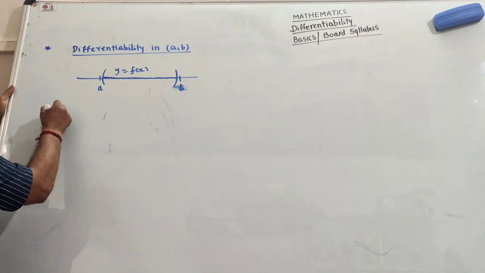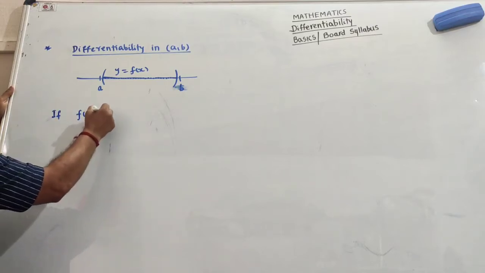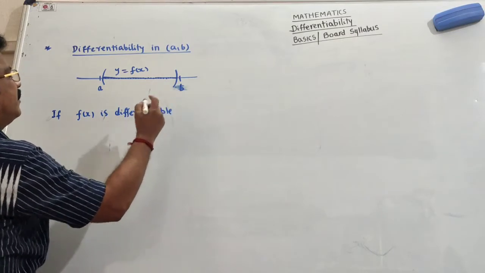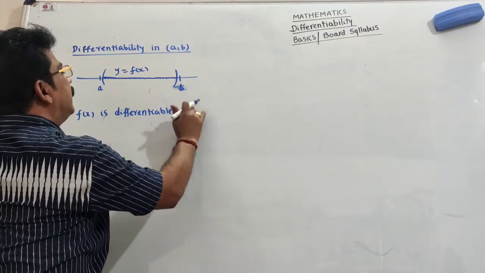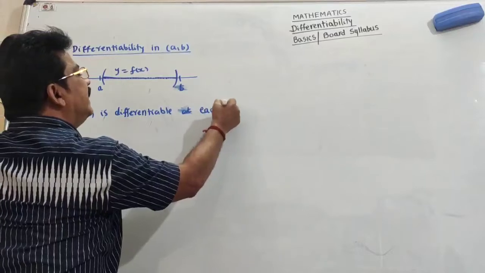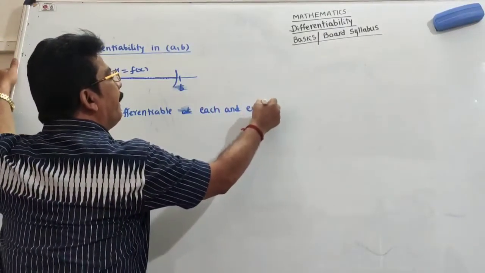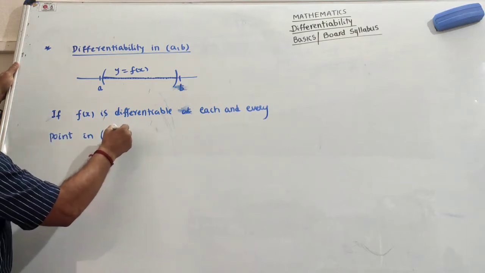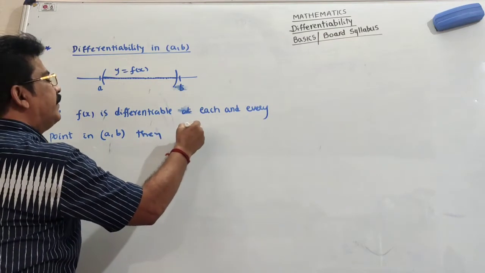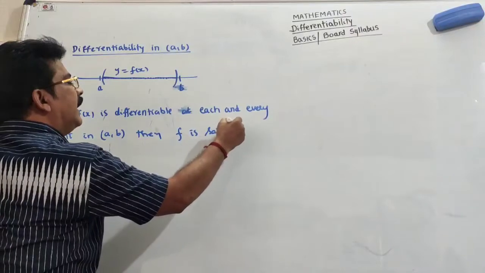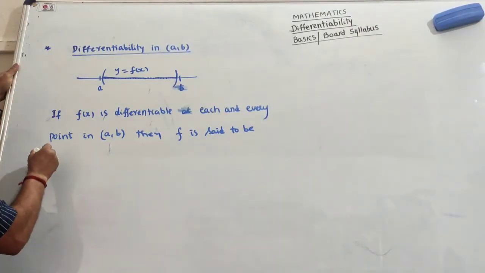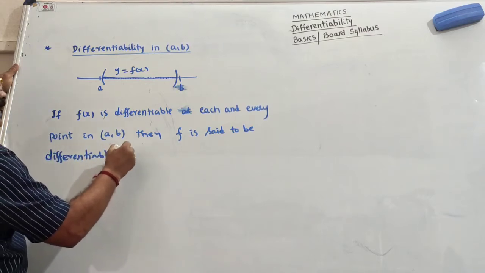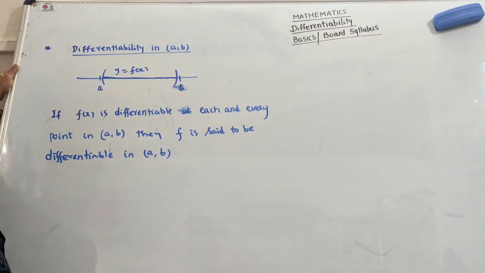Means, if f of x is differentiable in or at each and every point in open interval of a comma b, then f is said to be differentiable in open interval of a comma b, just like that.